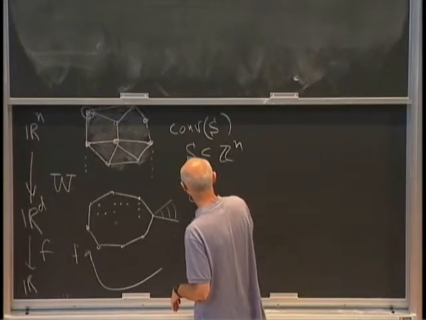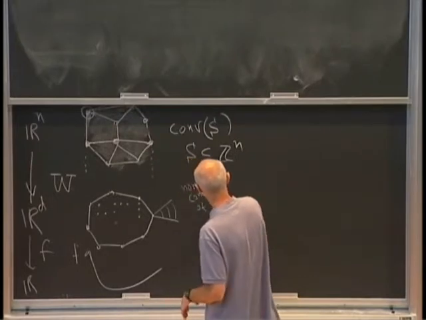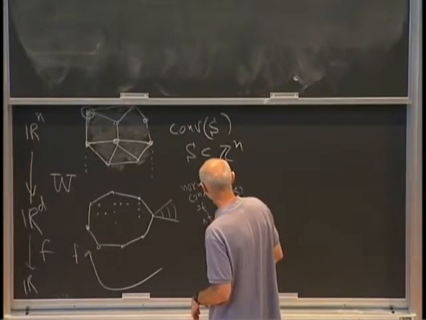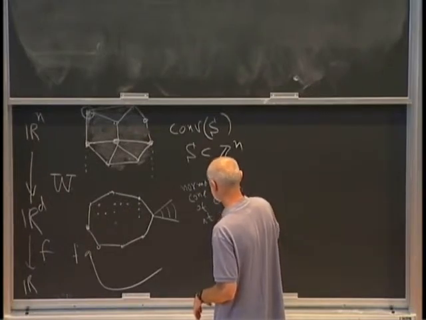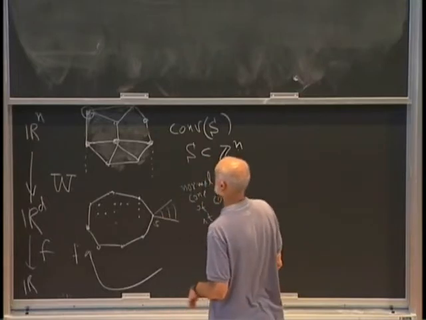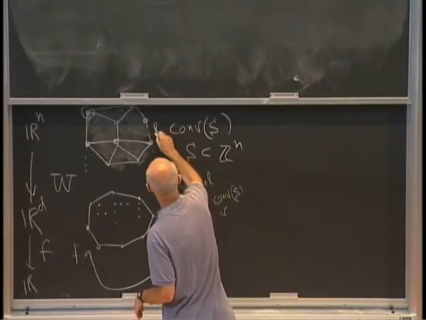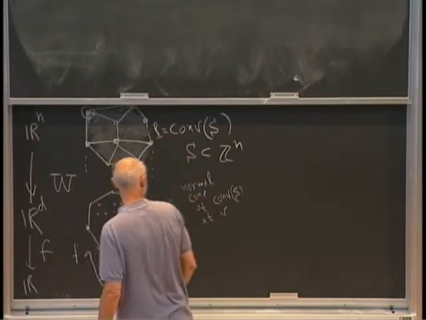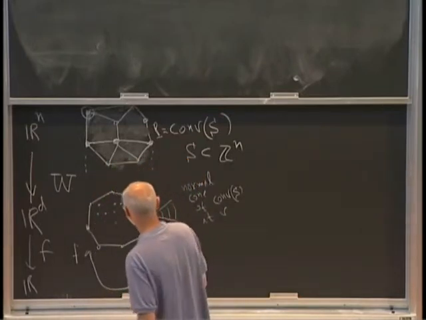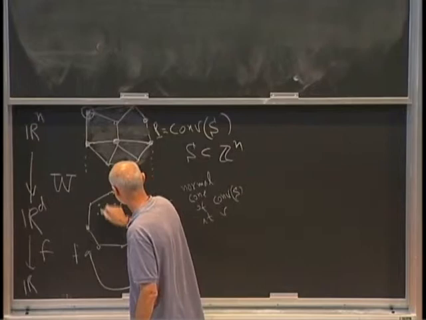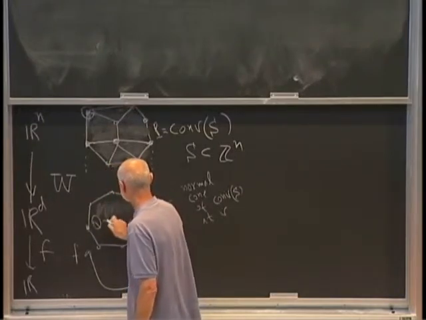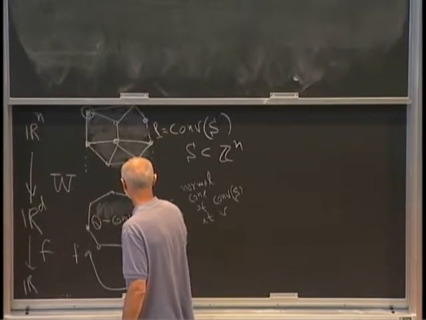The normal cone of the convex hull of S at V. This is V. Let me call the convex hull of S P, and let me call the projection down here Q. So Q is the convex hull of the projection, which is W times S.